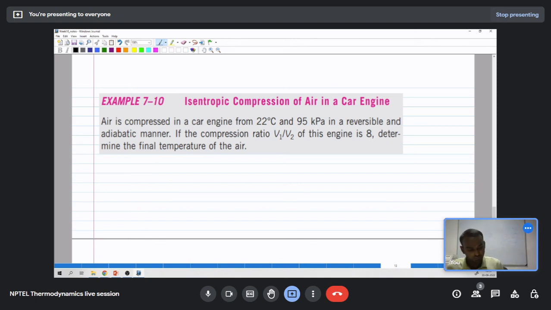When it is reversible and adiabatic, and if it is only air, we know that PV power 1.4 is equal to constant, which implies P1 V1 power 1.4 is equal to P2 V2 power 1.4.